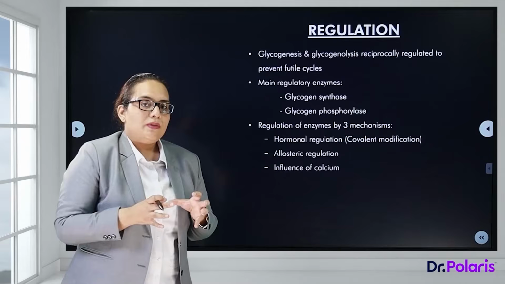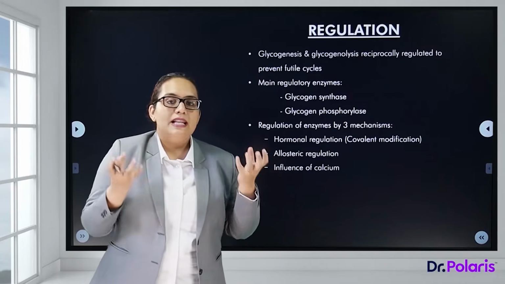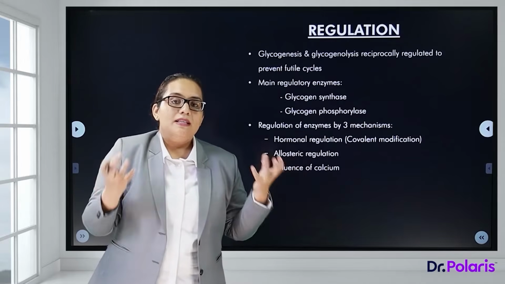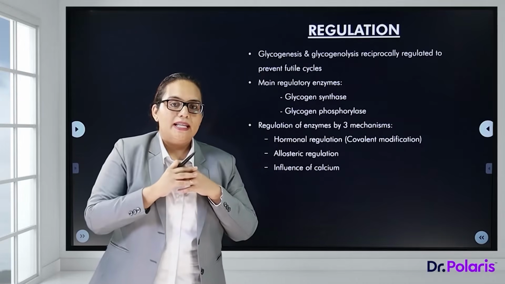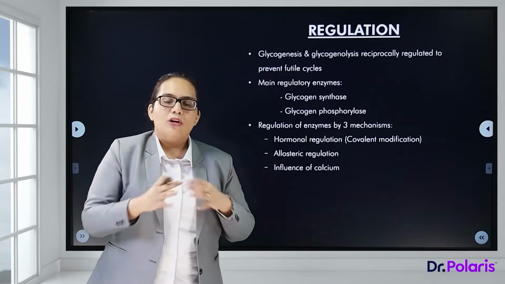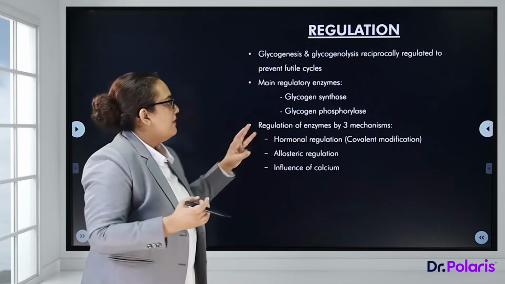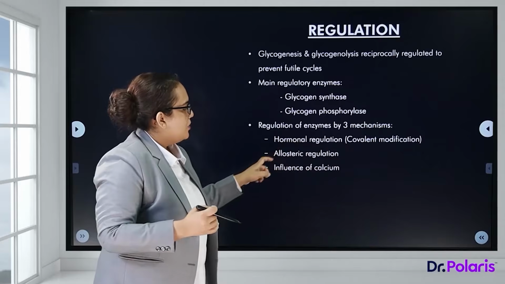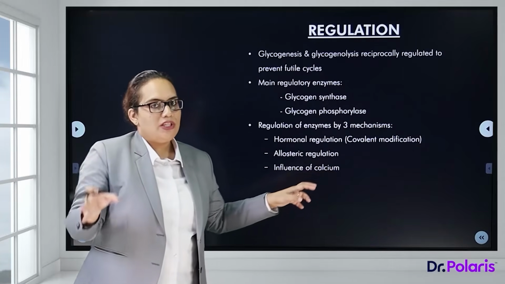Coming to regulation, glycogenesis and glycogenolysis, these two pathways will never occur at the same time. When one pathway operates, the other will not. This is done in order to prevent any wastage or futile cycles from happening. Futile meaning waste. So a lot of wastage is overcome just by regulating these two pathways at three levels: covalent modification, allosteric regulation, and the influence of calcium, especially on muscle glycogenolysis.